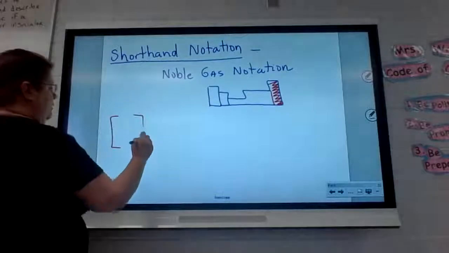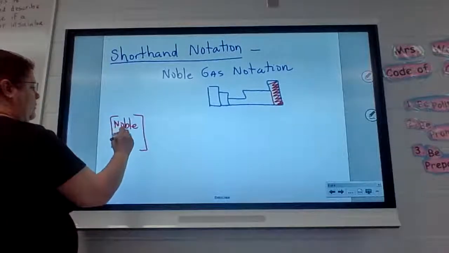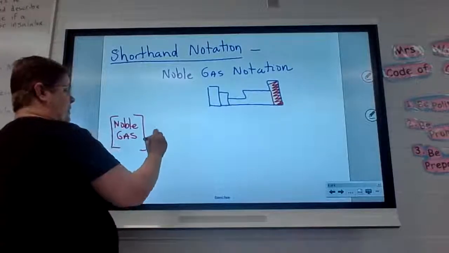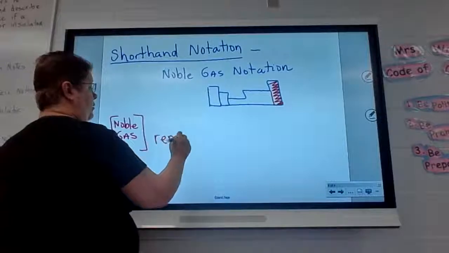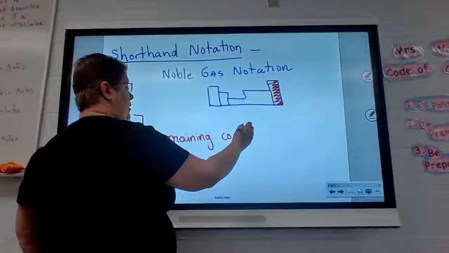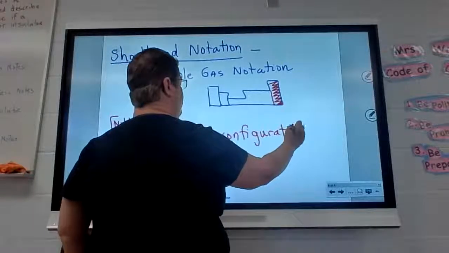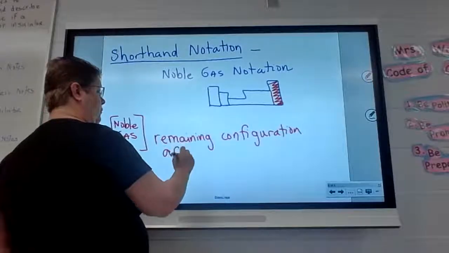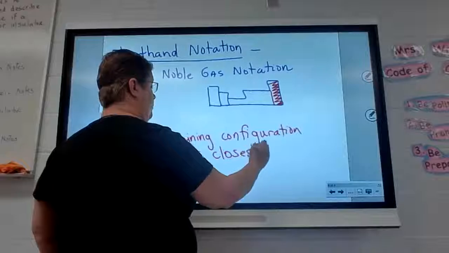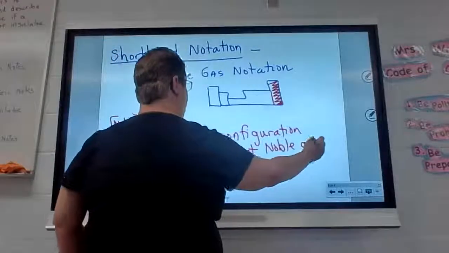Shorthand notation puts a noble gas in brackets. And then you write the remaining configuration after the closest noble gas.